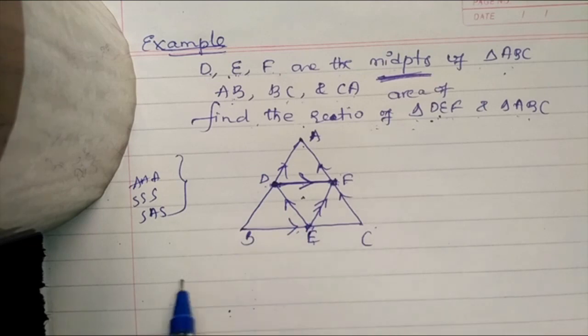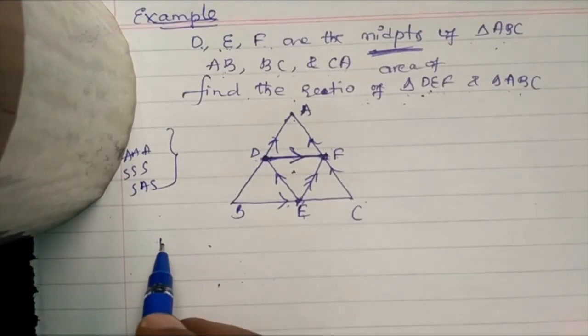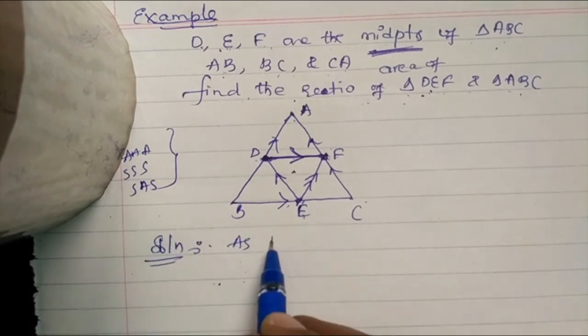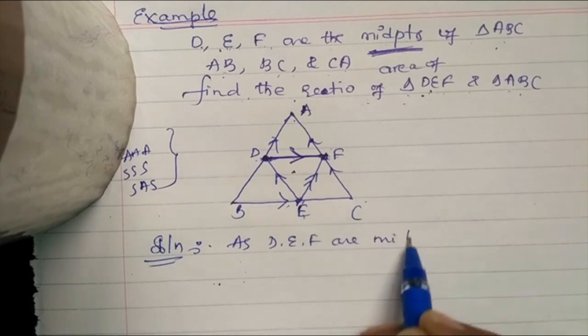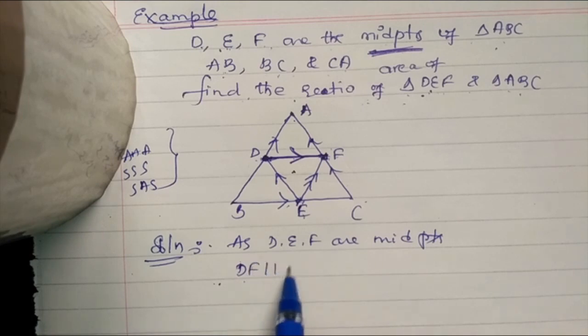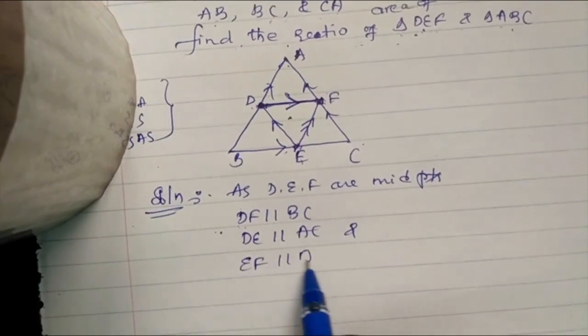So in this, now we go for finding the solution. As DEF are midpoints, DF parallel to BC, DE parallel to AC, and EF parallel to AB.